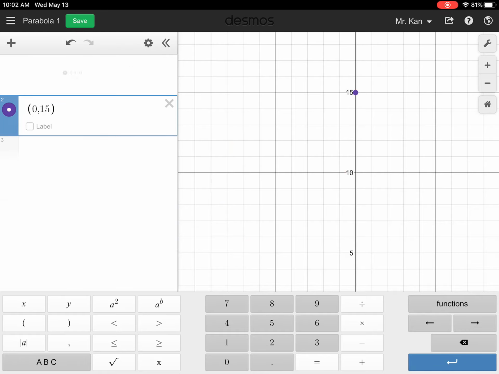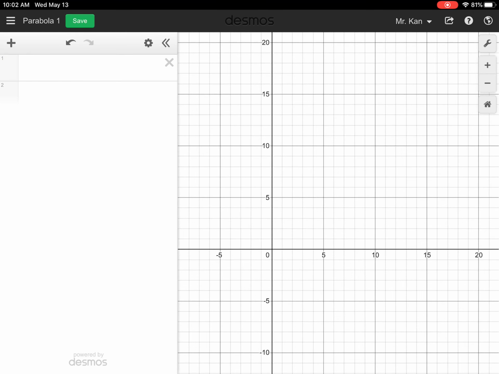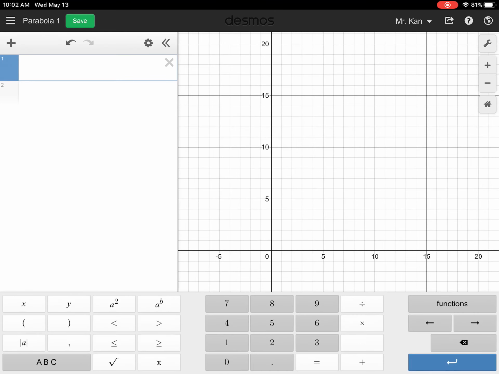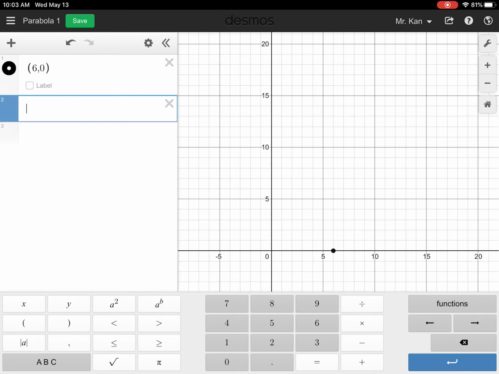So let's go back to Desmos here for a minute. Let's clear all this out. And let's look at our roots, or our x-intercepts that we found. Those points were (6, 0) and also (2, 0).